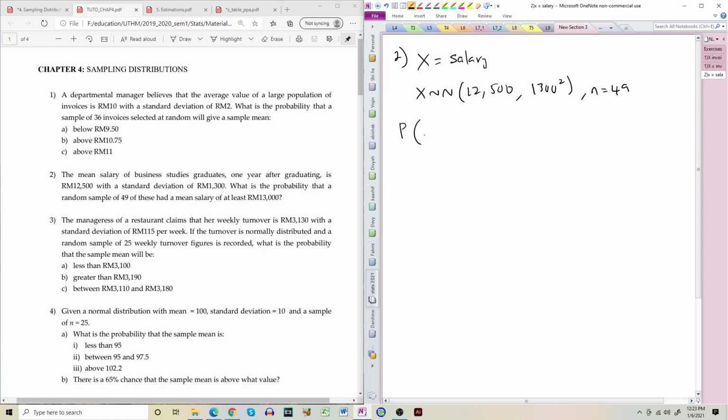So P X bar at least, is greater or equal to 13,000.